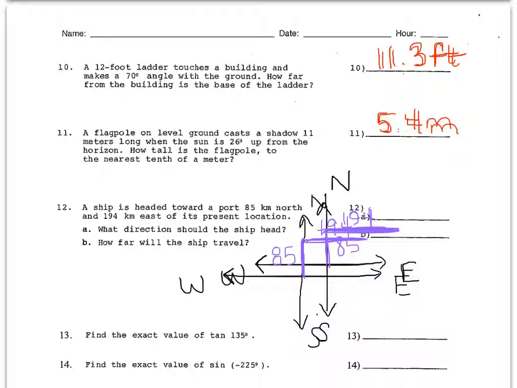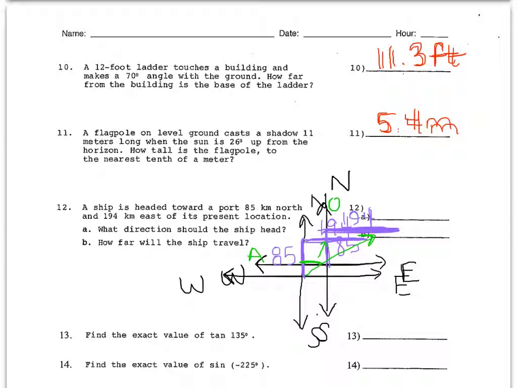And what I am looking for, okay, I redrew that so it was a little bit easier to see. What I am looking for is if the ship travels directly from here to here, what angle will it have to leave from? As soon as I say the words what angle, I want you to be thinking inverse trig. Remember, inverse trig, like sine -1, tan -1, cosine -1. Those are what you use anytime you're looking for an angle. And from this angle, this 194 is the opposite side, and the 85 is the adjacent side.